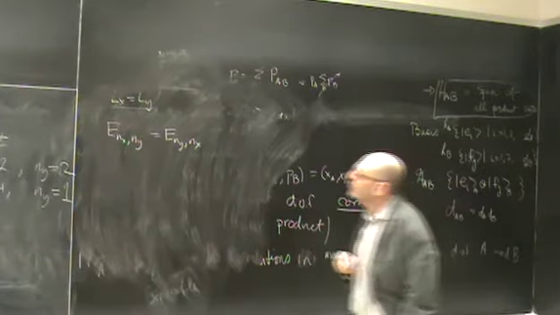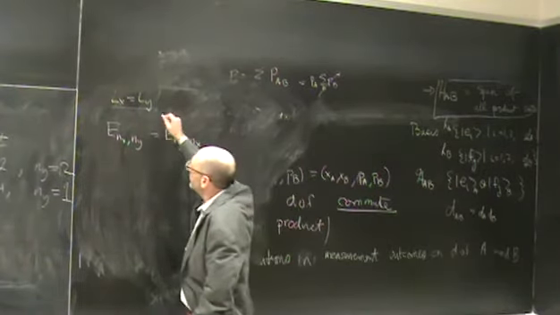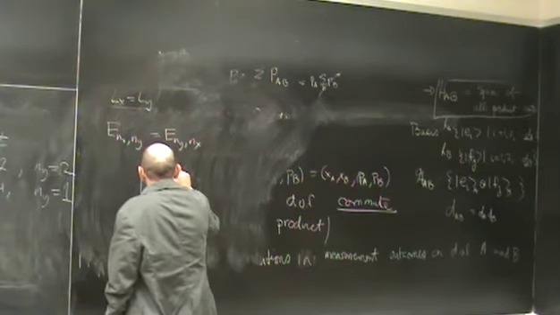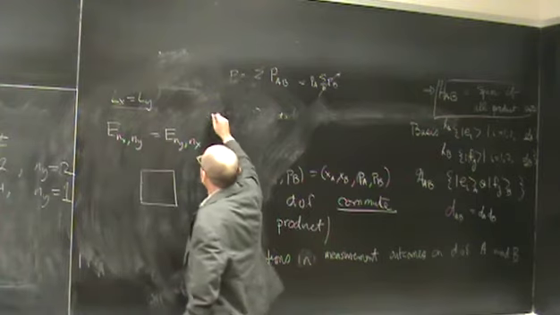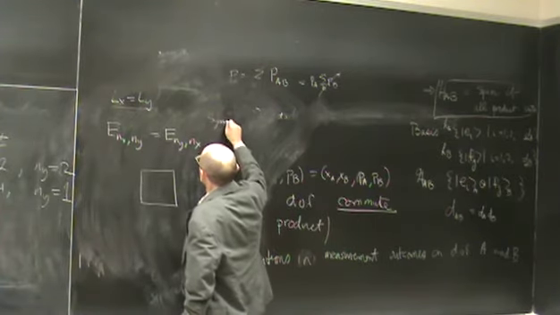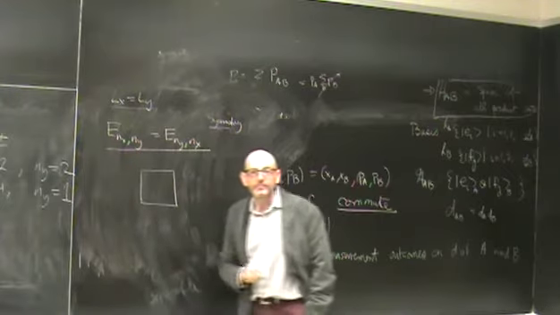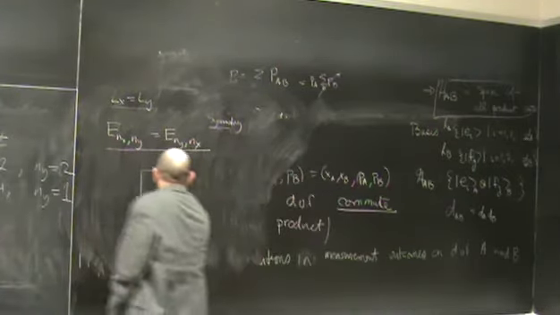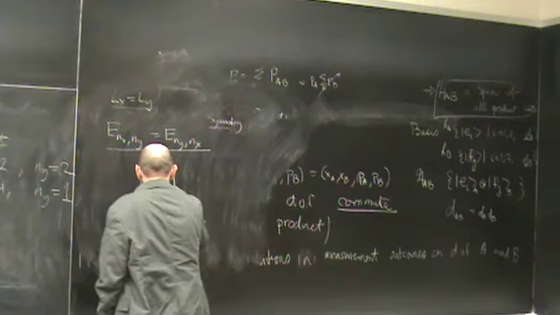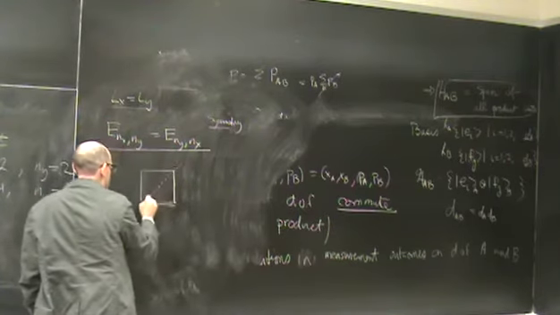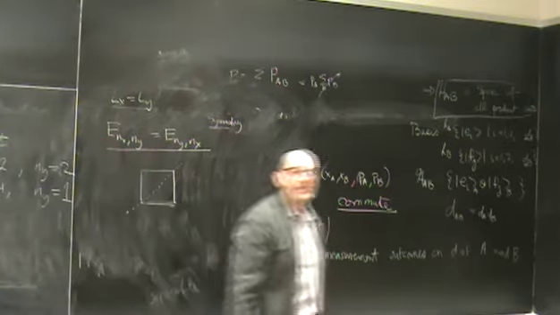Now, if this is the case, what this is an indication of is symmetry. The reason for this kind of degeneracy is the fact that if I have a square potential, then I have reflection symmetry.